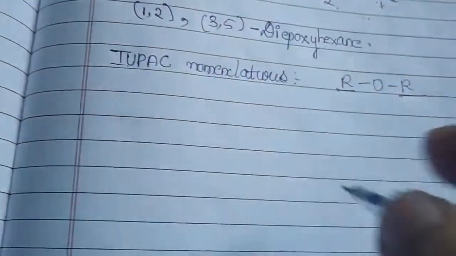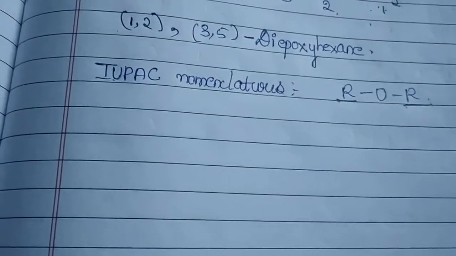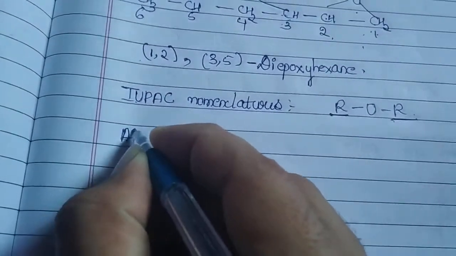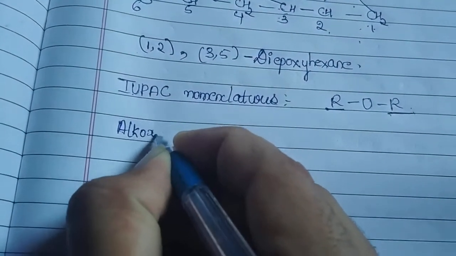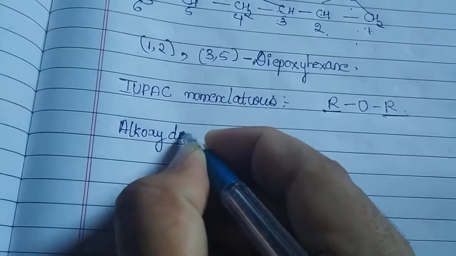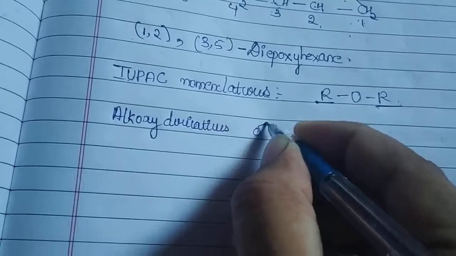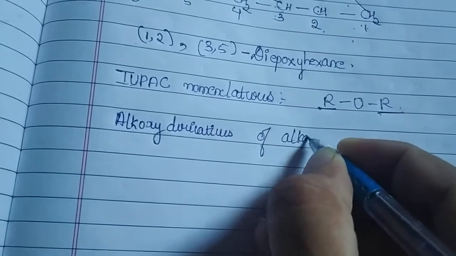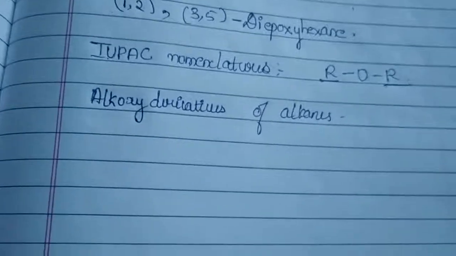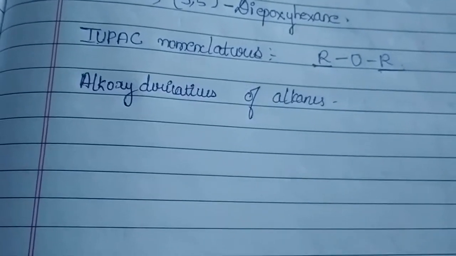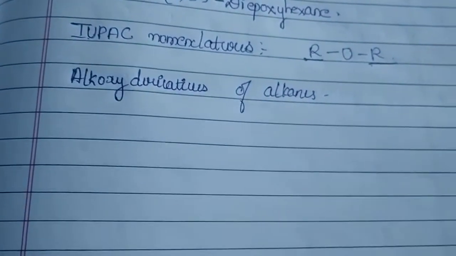Remember, whenever we are writing the IUPAC nomenclature, they are always named as alkoxy derivatives of alkanes. So ethers are actually the alkoxy derivatives of alkanes. So when we are naming it, we have to name it.